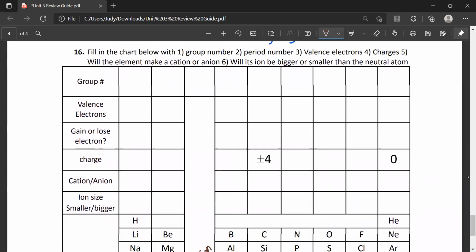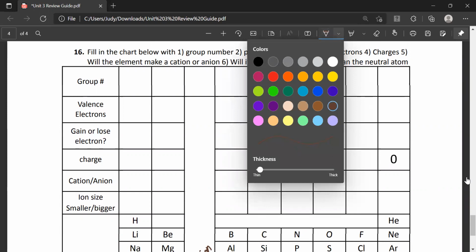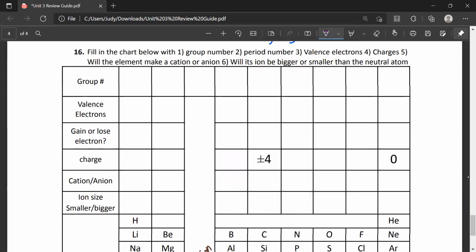Going back to the periodic table, the answer is going to be 1, 2, 13, 14, 15, 16, 17, and 18. That is literally written on the periodic table. If you don't know the answer, get used to understanding the periodic table.